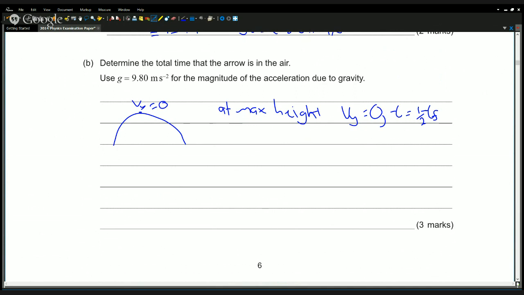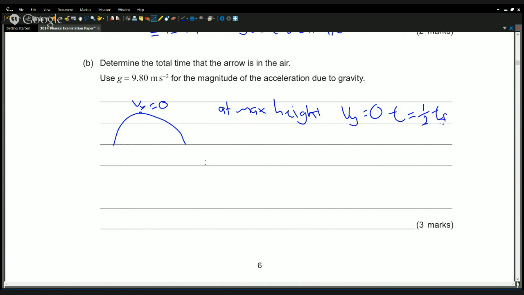So I'm actually going to incorporate that concept: t equals 1/2 time of flight. So I've included the fact that I'm going to have to double this.